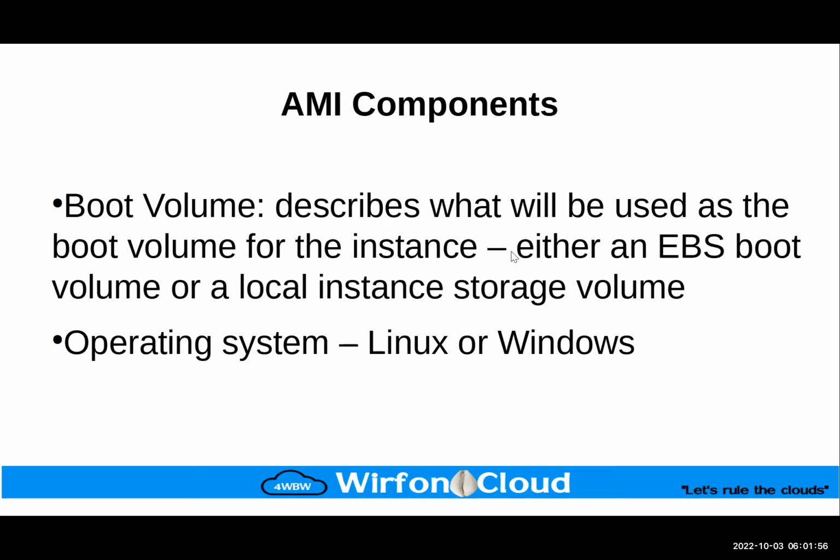So that is that section of our presentation today. We've mentioned the AMI, which you need to choose first when launching an EC2, and it has the configurations that you need for your instance.